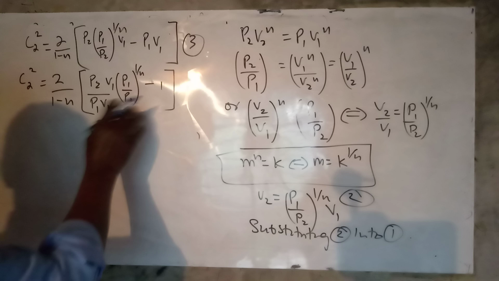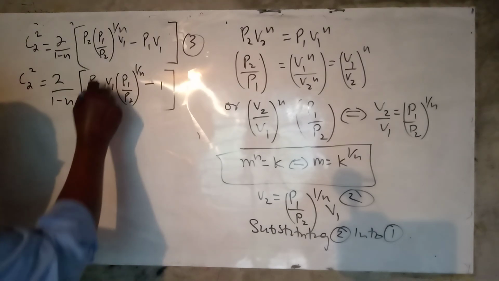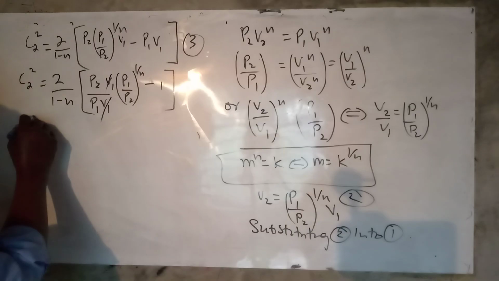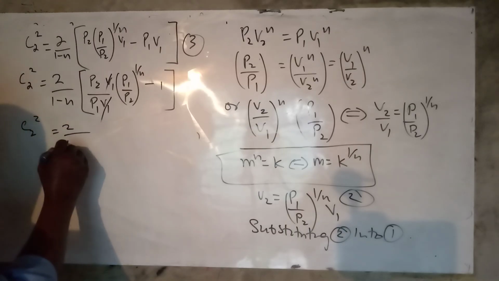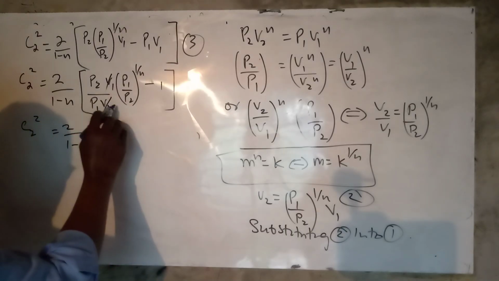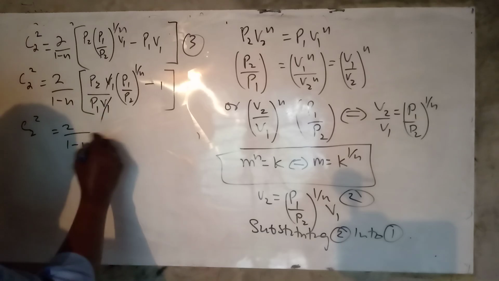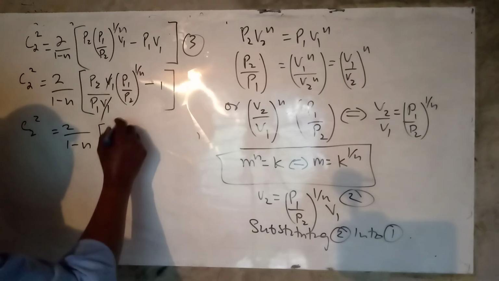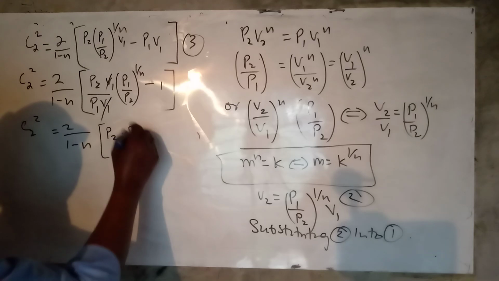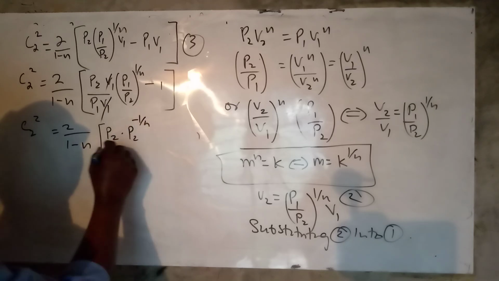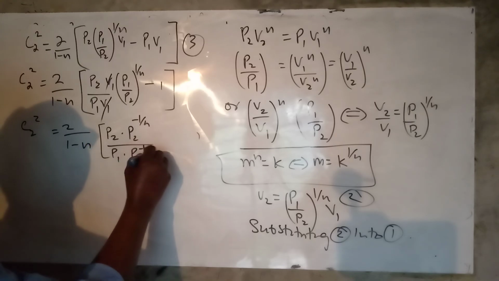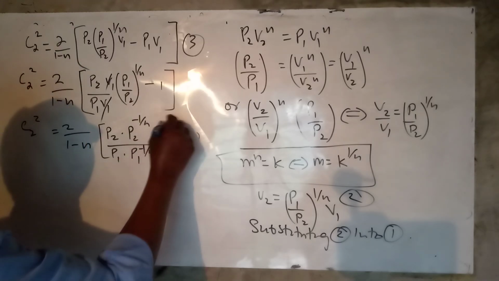If we expand this further, you'll see that the V1s cancel, so C2 squared will be 2 to 1 minus n, 1 minus n into P2 times P2 minus 1 over n, P1 times P1 minus 1 over n minus 1.